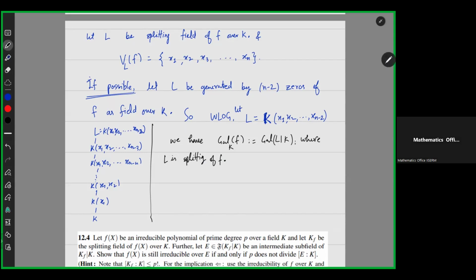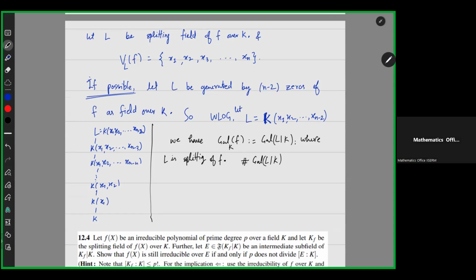So what is the cardinality of the Galois group of L over K?